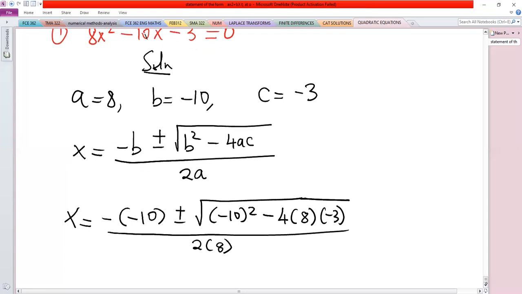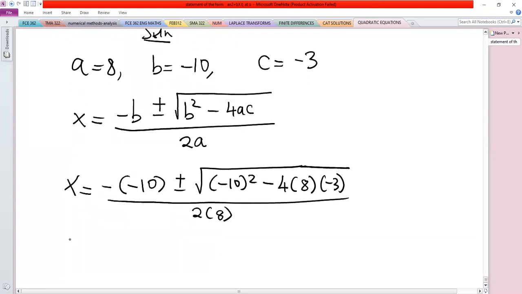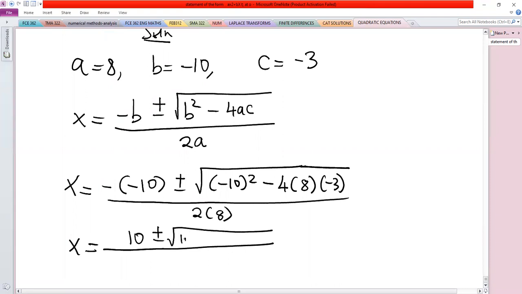So just substitute appropriately. Now x will be minus minus 10, which is positive 10, plus or minus square root of minus 10 squared, which is 100, minus, which is positive, 4 times 3 times 8, that's 96, over 16.